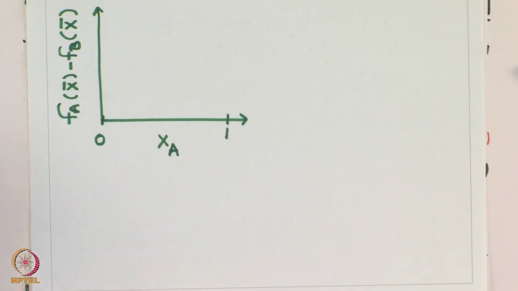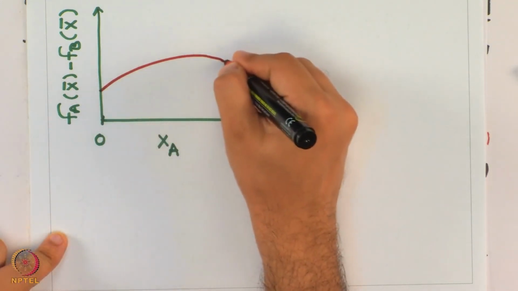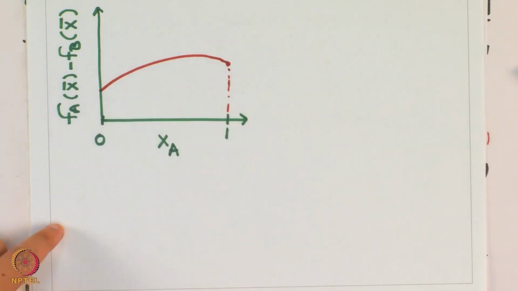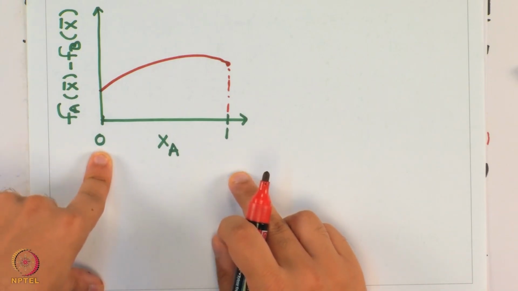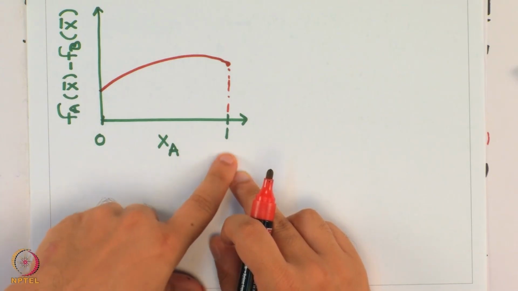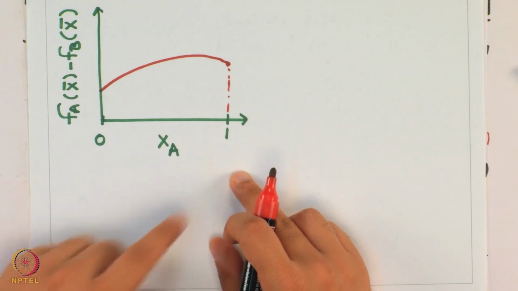So, if this quantity looks something like this, so imagine that as x A varies from 0, which represents the scenario that there are only B's in the environment, and goes towards x A equals 1, which represents the scenario that there are only A's in the environment.